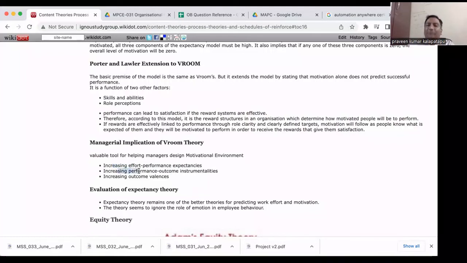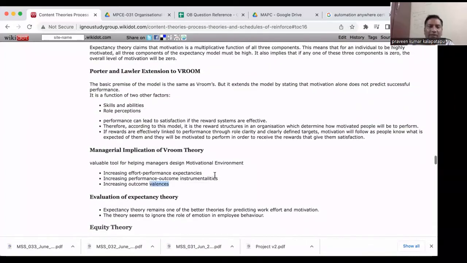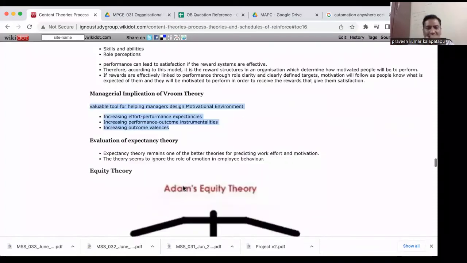Increasing the performance will improve the outcomes. As you improve the performance of an employee, it will improve their chances of getting the outcomes. When their outcomes increase, obviously valences are met, hence they will be motivated. So this is how the manager should maintain the motivational environment, right?